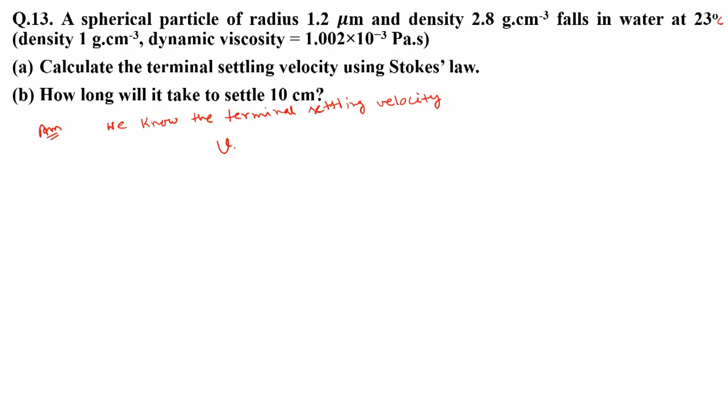is, if we say Vt, 2 by 9, we already discussed in the class, Rs raised to the 2, rho 2 minus rho 1 times g by eta, right? Eta is the viscosity.